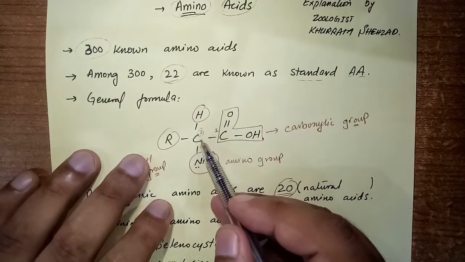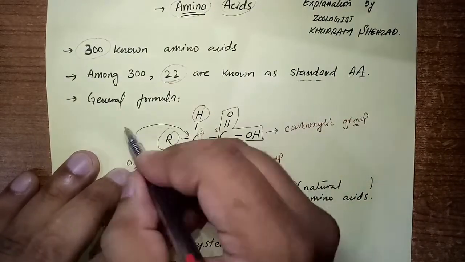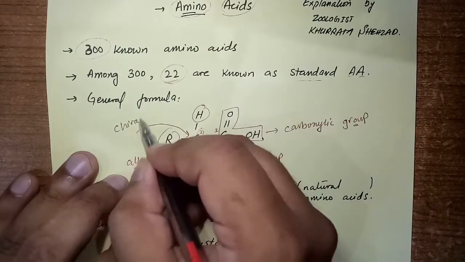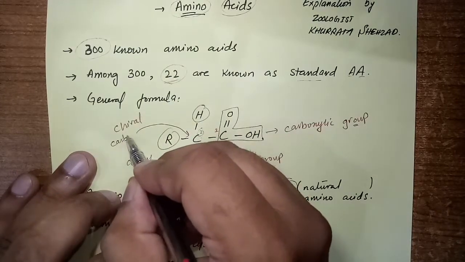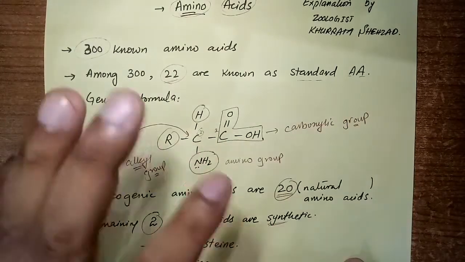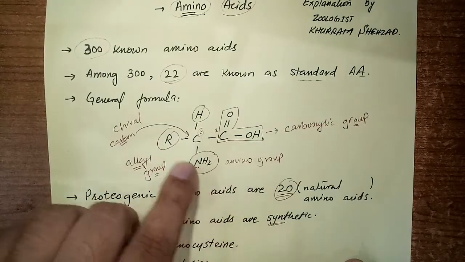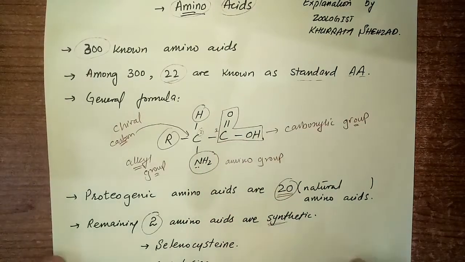This carbon is basically known as the chiral carbon, and that is also very important information, chiral carbon, right? And this chiral carbon contains all different functional groups, like the carboxylic group, amino group, alkyl group, and the hydrogen.